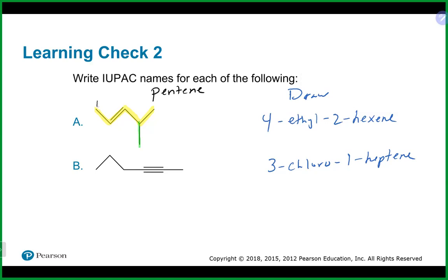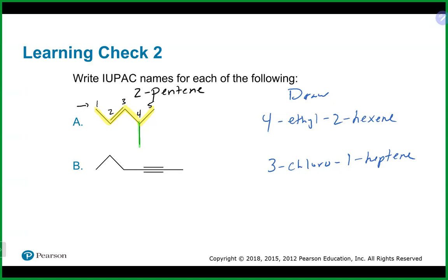Going left to right would be the proper way of numbering, as that would give our double bond a number of 2. Going in the other direction, you will end up with a 3 for the double bond. Since that takes priority, we do want to go in this direction. That means we will add a 2 to that name. So that is 2-pentene for where the double bond is located.